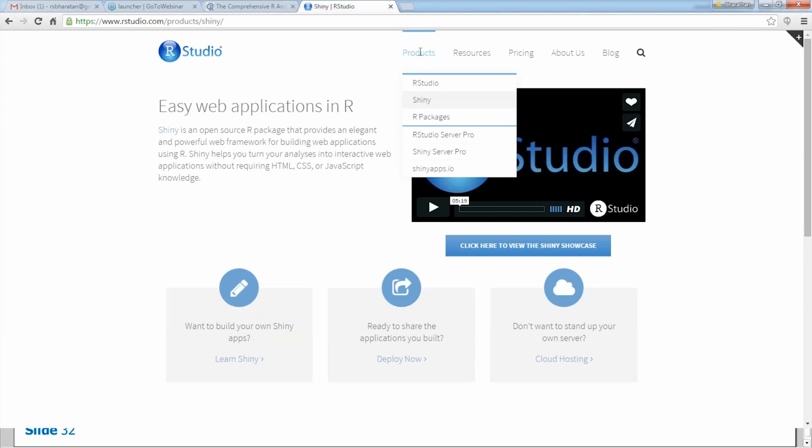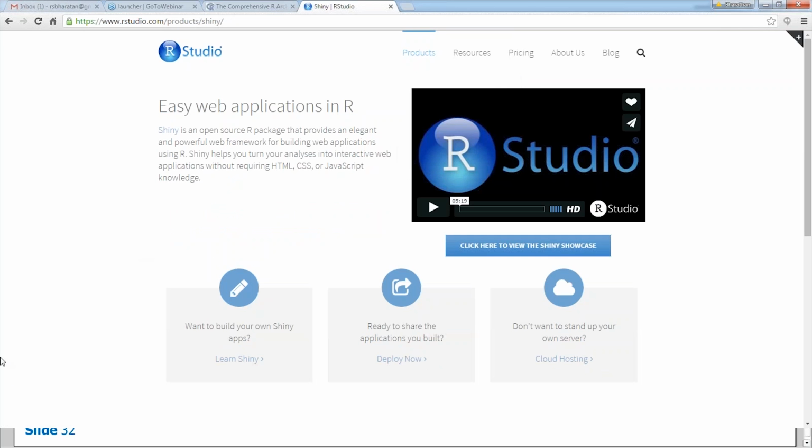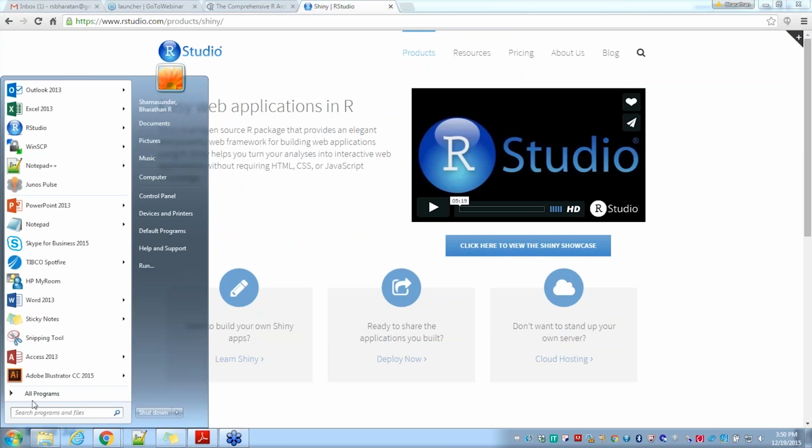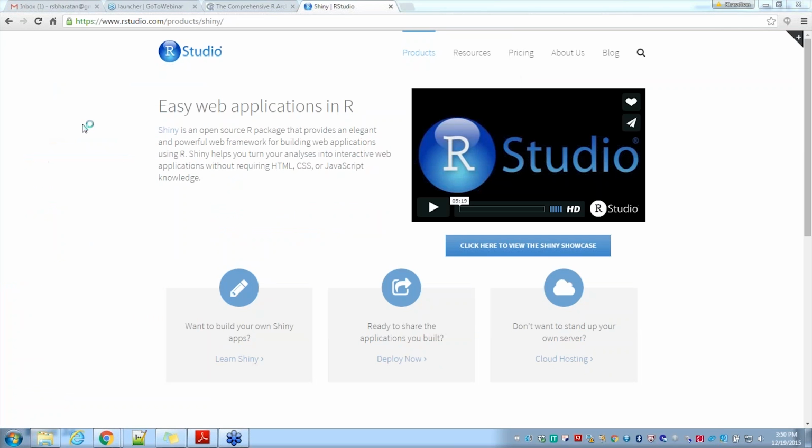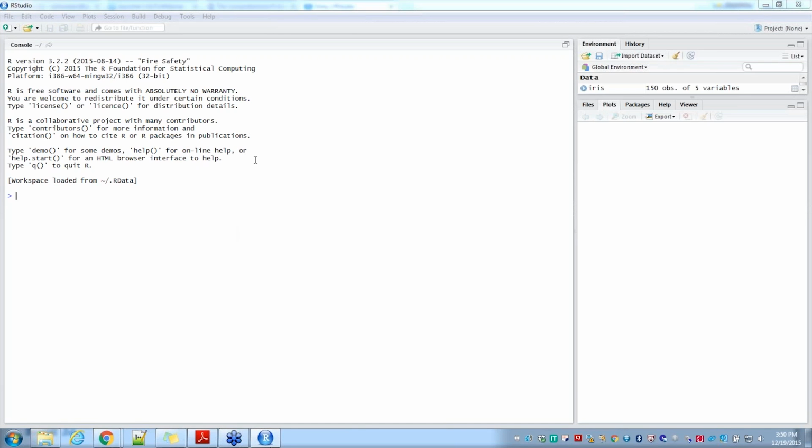Speaking from experience, RStudio Server is basically a browser front end to your RStudio program. Let me just bring up RStudio and this would become clear. The RStudio application that I fired up right now is installed on my local PC.